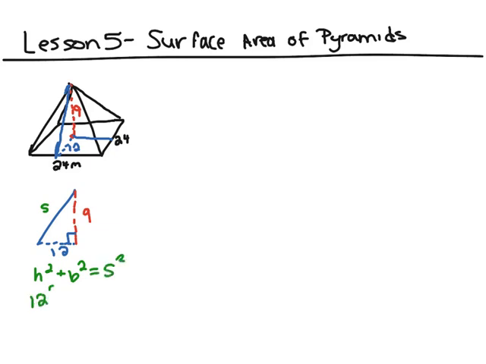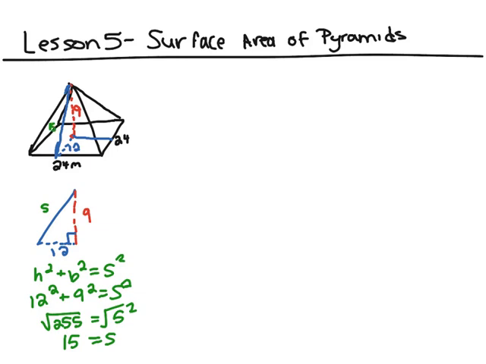So 12 squared plus 9 squared is equal to s squared. If you add that all up, it's 225, the square root of it, because we want to find just the s, so 15 is equal to our slant. So the slant height is 15.